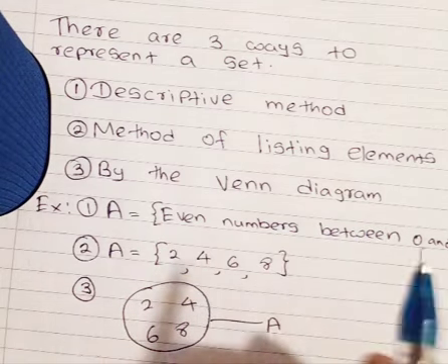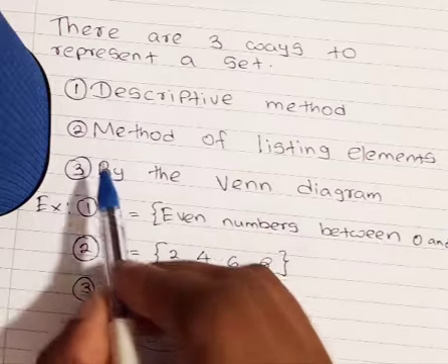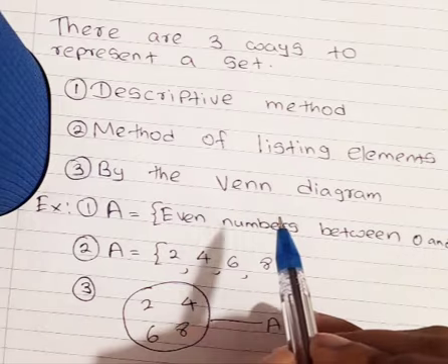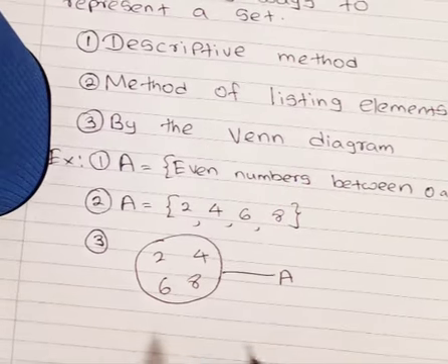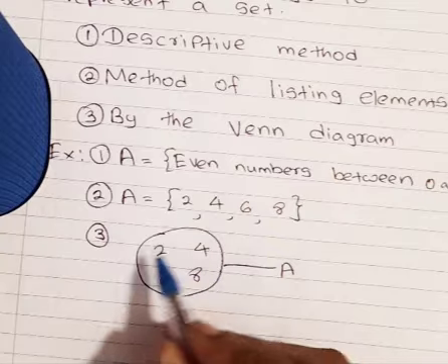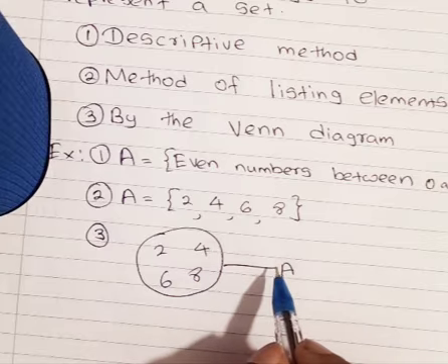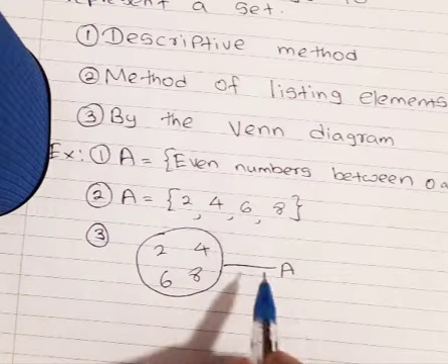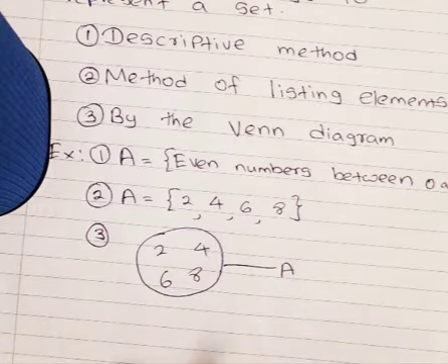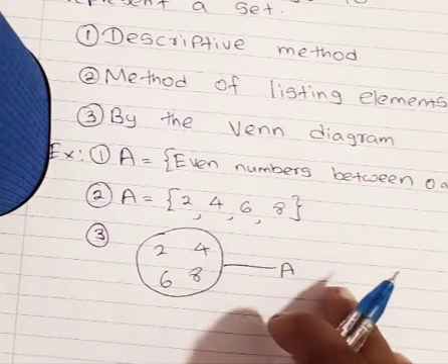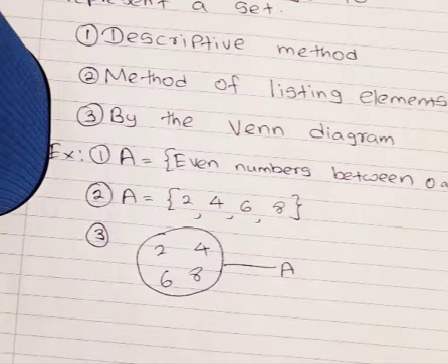The third one is the Venn diagram, where inside the circle you arrange all the elements and name it with that letter.